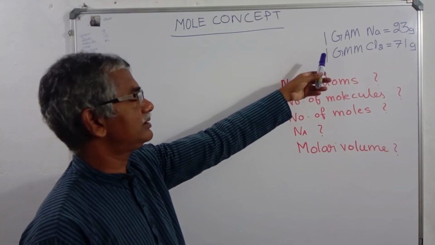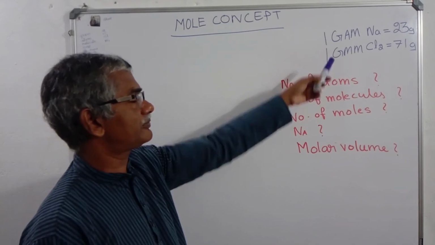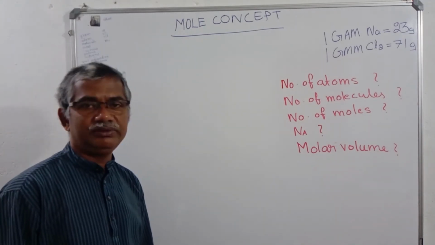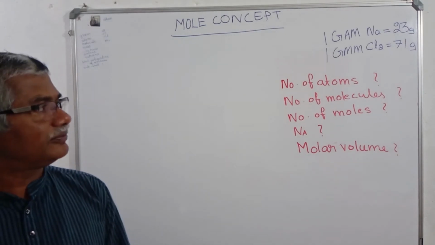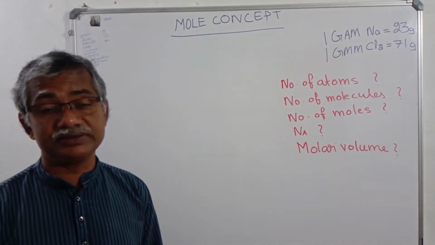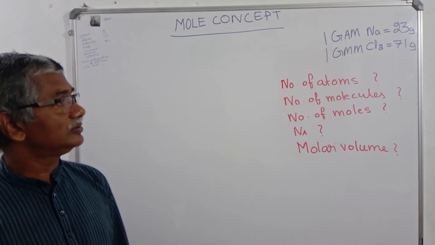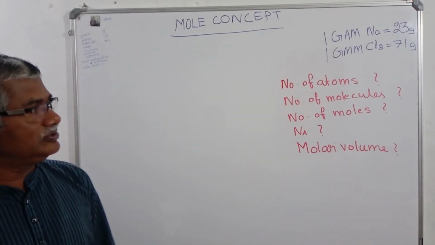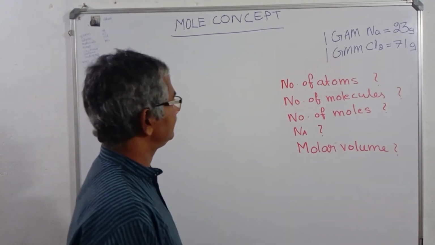Actually, atomic number of chlorine is 17. So atomic mass can be 34, but it is 35.5. So taking GMM, double of 35.5, which is equal to 71.